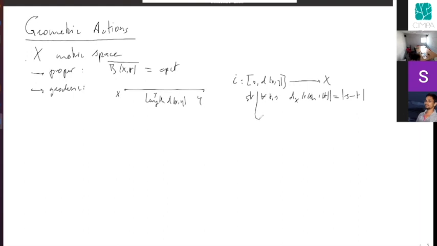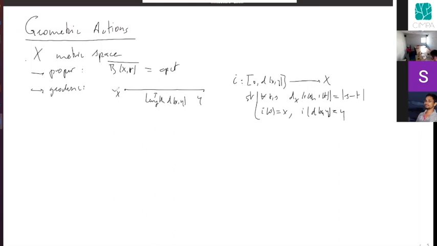And also what you want is that the starting point is x and the ending point is y. So each time you pick two points, you have a curve that joins the two. Here, the black line is the image of this segment by my embedding i.